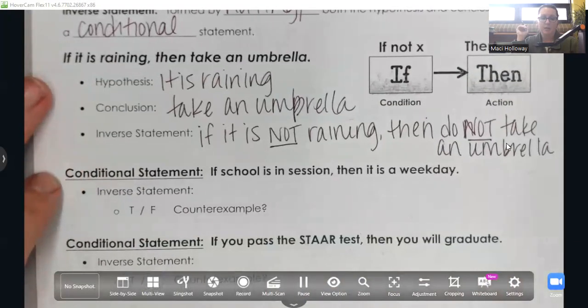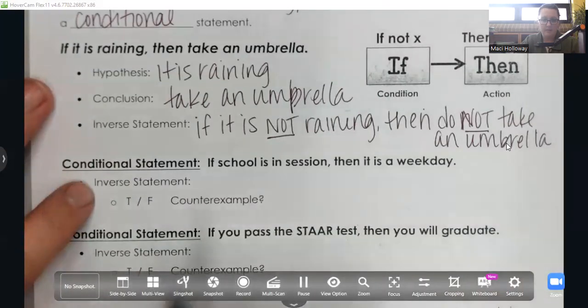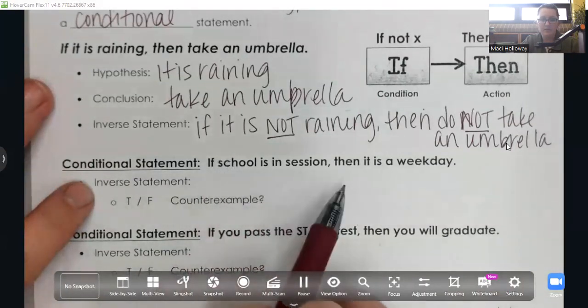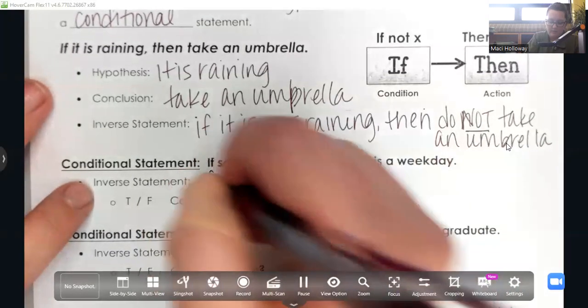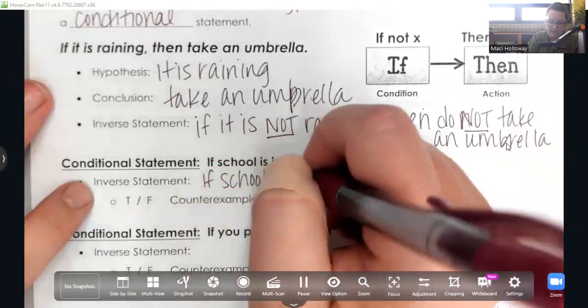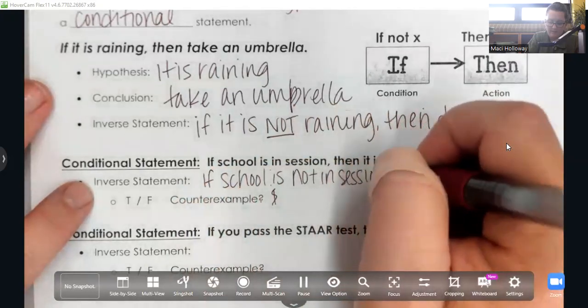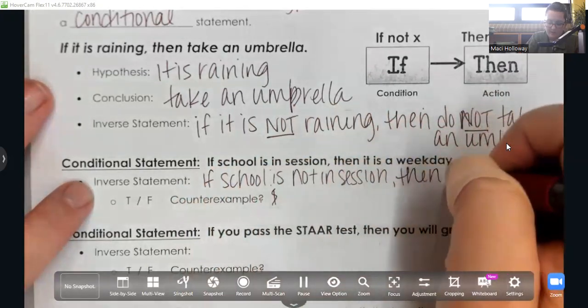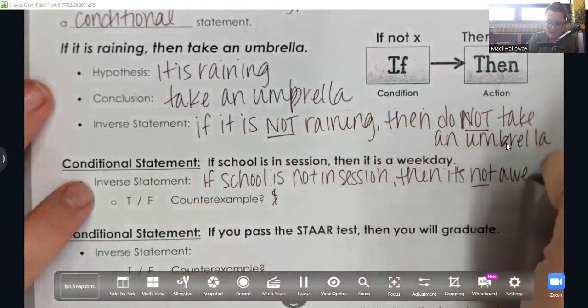So conditional statement: if school is in session, then it is a weekday. The inverse of that, let's see if that's true or false. The inverse statement is if school is not in session, then it's not a weekday.